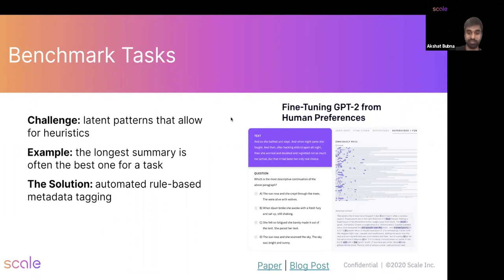In this case, you want to tag benchmark tasks where the shorter summary is correct with a special tag. Then our system can give them to people in a balanced way, and make sure they're actually good at that particular class of examples as well. And then finally, we very quickly eliminated this problem once we spotted it.